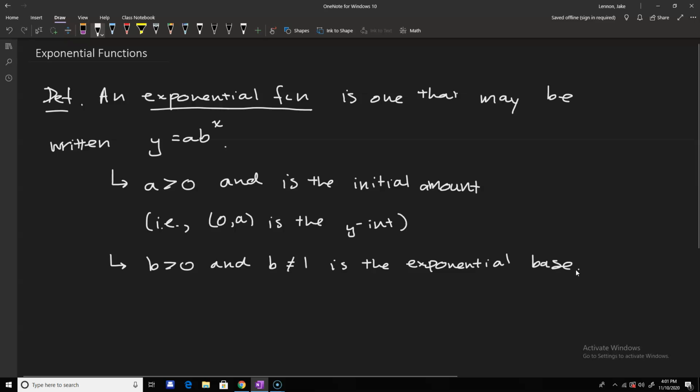And this multiplicative growth can also be thought of as a fixed percentage change. So there's a way to translate from your exponential base to a percent growth or decay. So if we write b equals 1 plus r, r is said to be the percent growth or percent decay.